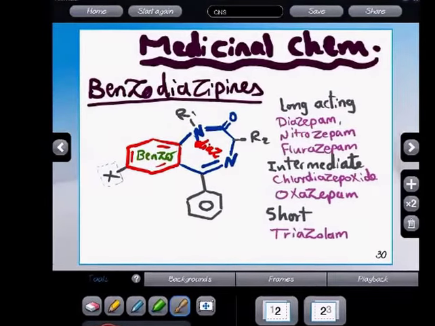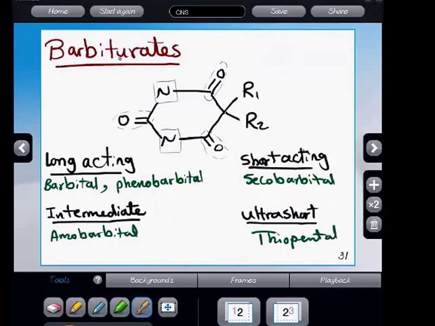About the barbiturates, which act on the same receptor, the benzodiazepine receptor, what does it contain? Nitrogen, nitrogen, here is carbon, here oxygen, oxygen, oxygen as carbonyl groups, and here are R1 and R2. If you have this structure in the exam, you should say this is a barbiturate.